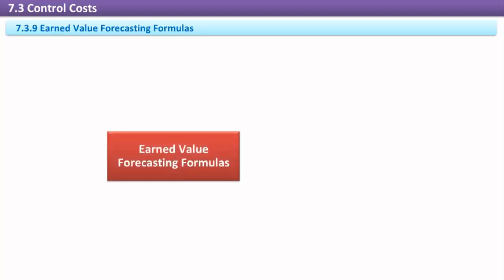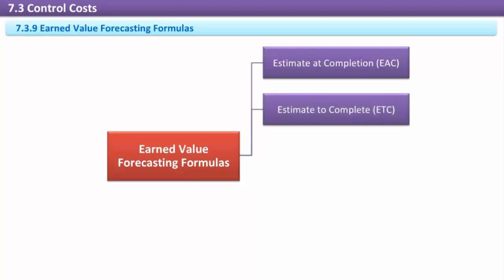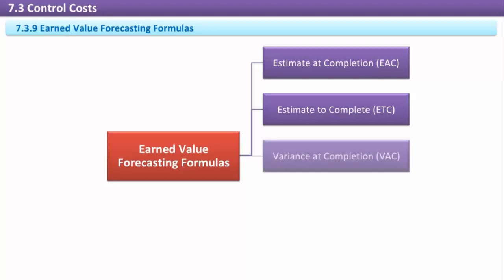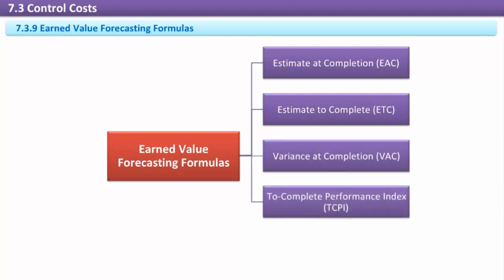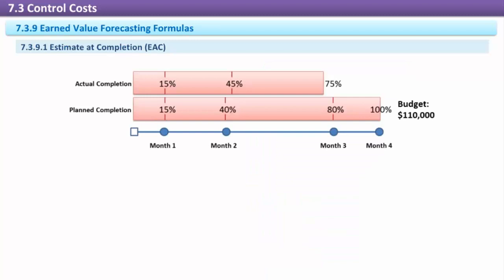Earned Value Forecasting Formulas. Earned value forecasting formulas are: Estimate at Completion (EAC), Estimate to Complete (ETC), Variance at Completion (VAC), To Complete Performance Index (TCPI), and EAC Situational Formula. Estimate at Completion (EAC).